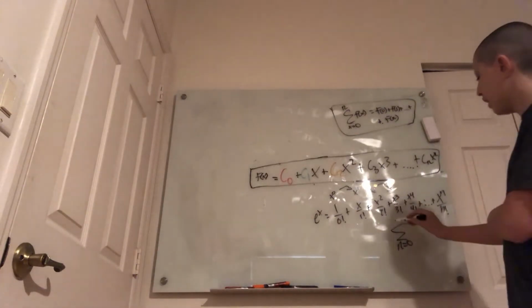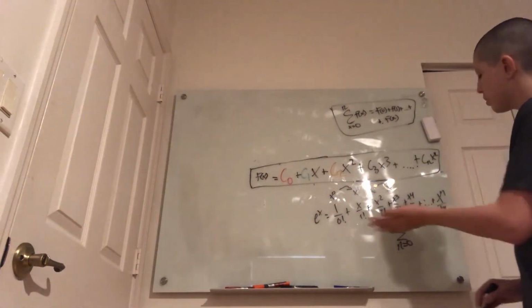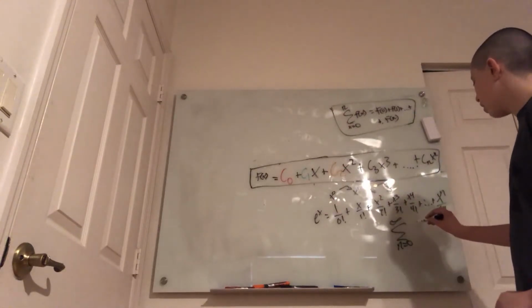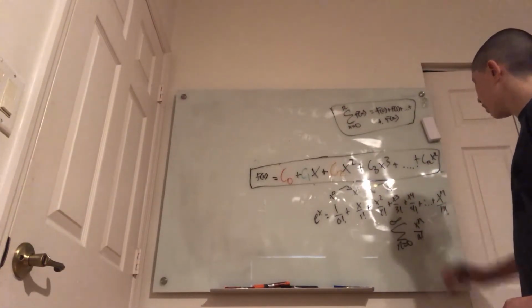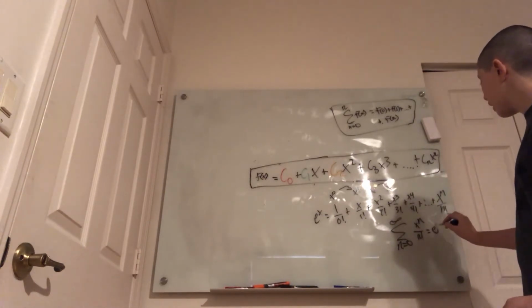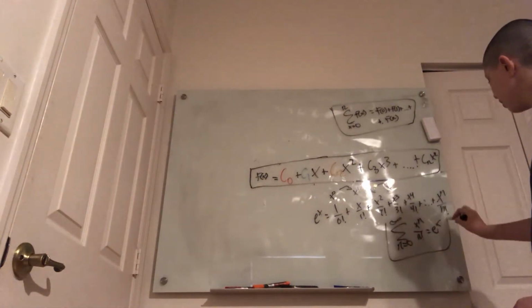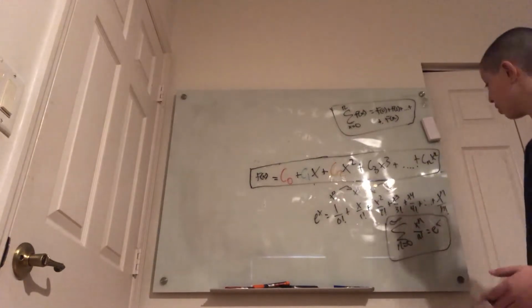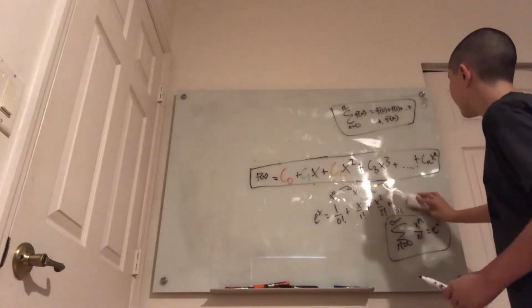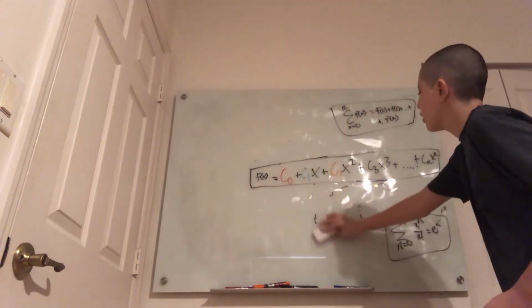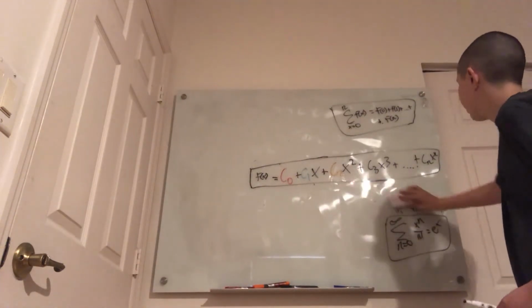If we do this infinitely, then it's the most accurate we can get of x to the n over n factorial, which is equal to e to the x. That is beautiful.